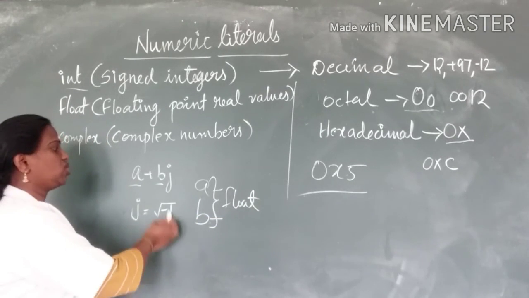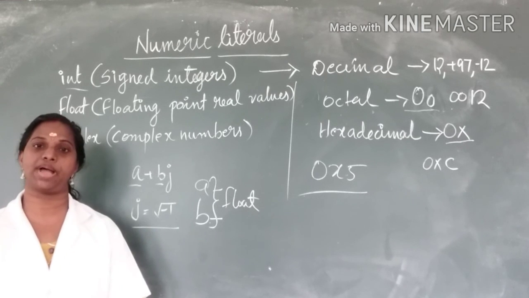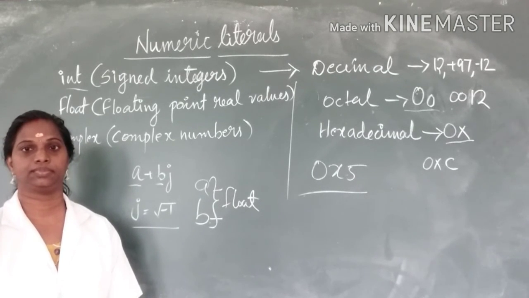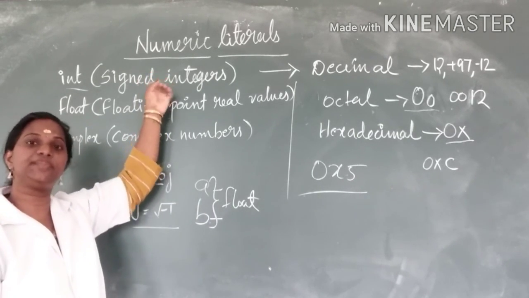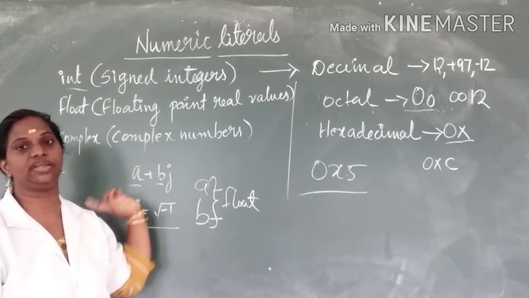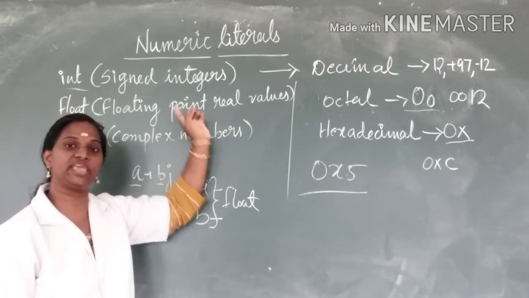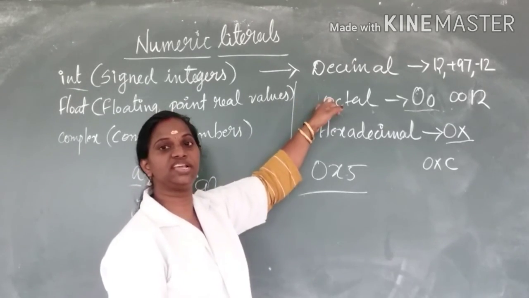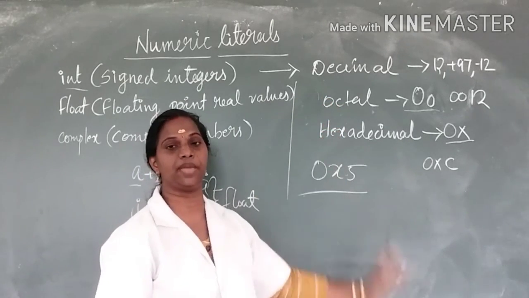Clear? So the first one is integer, second is floating point, third is complex number. The integer is again divided into three: decimal integers, octal integers, and hexadecimal integers.